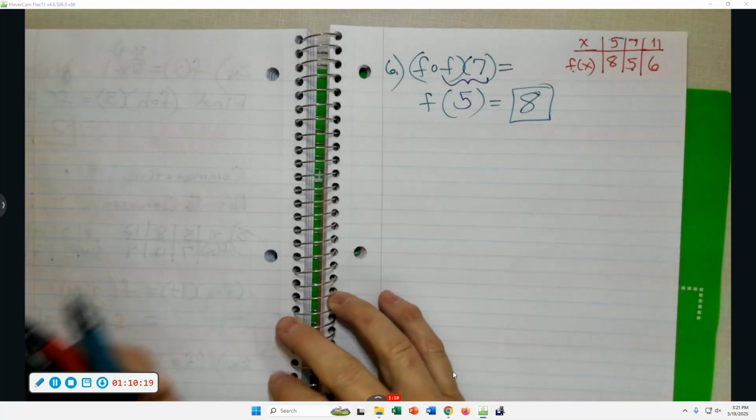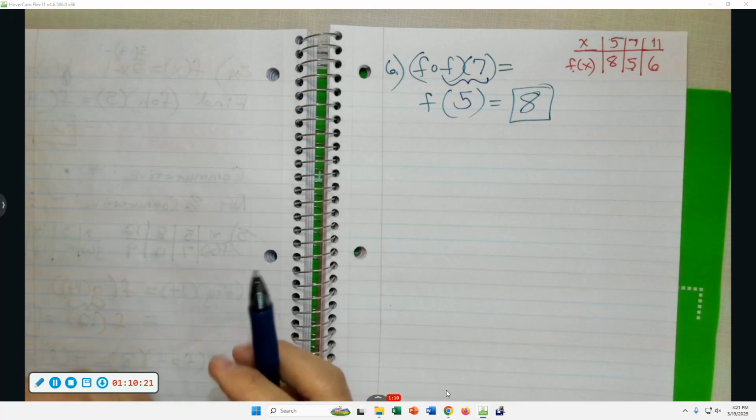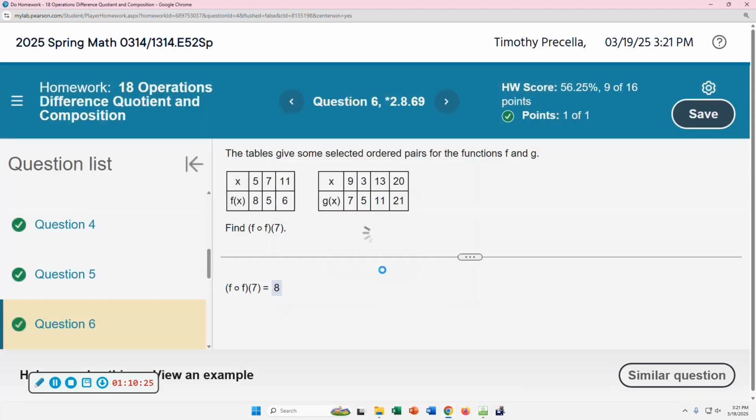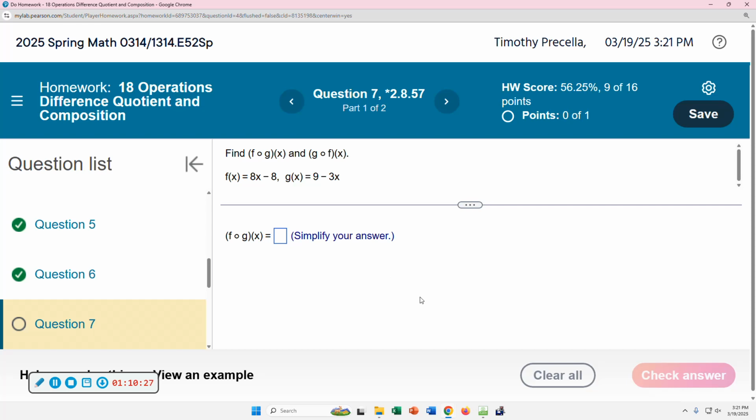Any questions there? Okay. We can find the composition of two functions at a number, and it gives you a final answer that's a number.